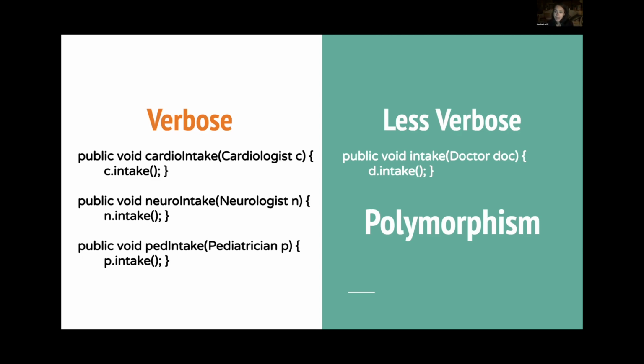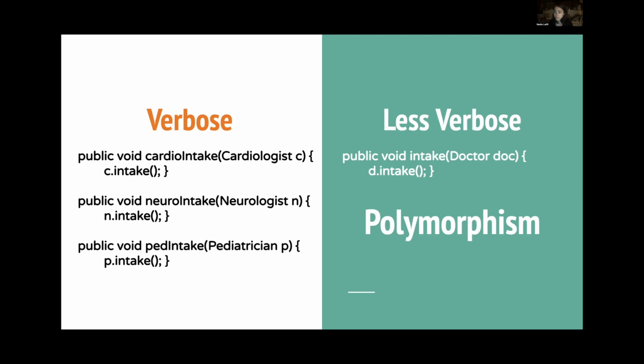I am just doing one method for an intake exam, and it's going to work for any type of doctor. Now, if I have to add something to all of these doctors' intake exams, I only have to add it in one place. If I need to do some sort of call to an assistant, I only have to specify that in this one less verbose method.